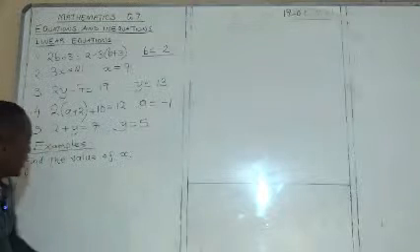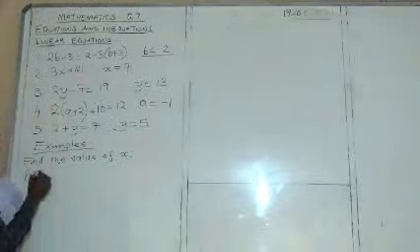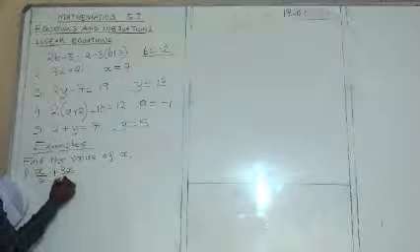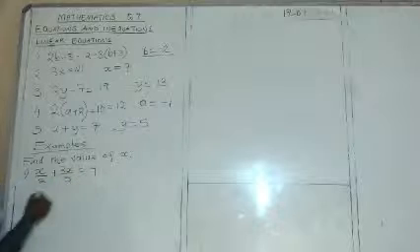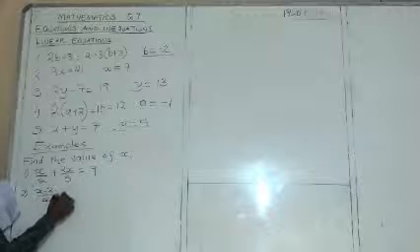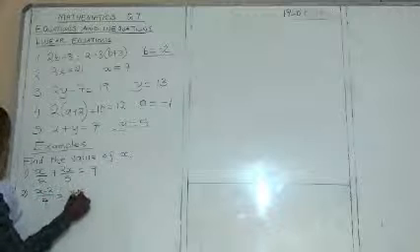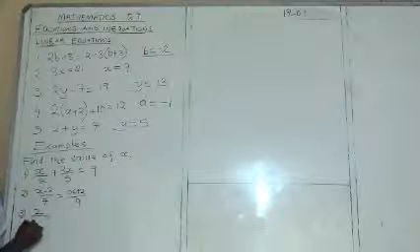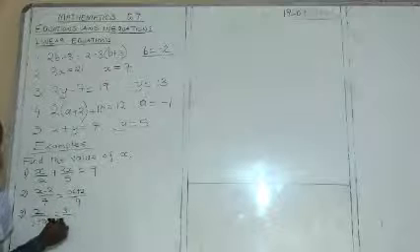For this we have x over 2 plus 2x over 5 is equal to 9. Then 2x minus 2 over 7 is equal to x plus 2 over 9. Then the third question is 2 over 1 plus x is equal to 3 over x.